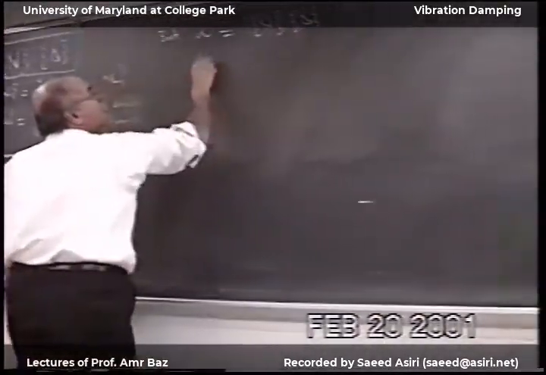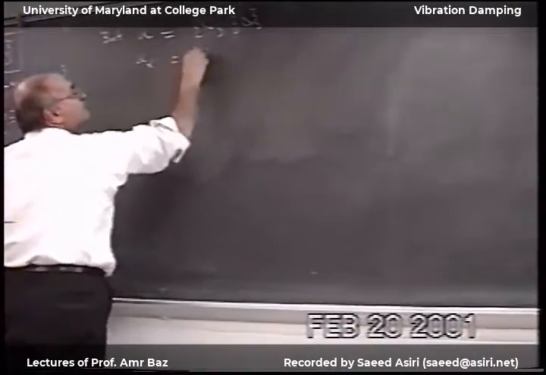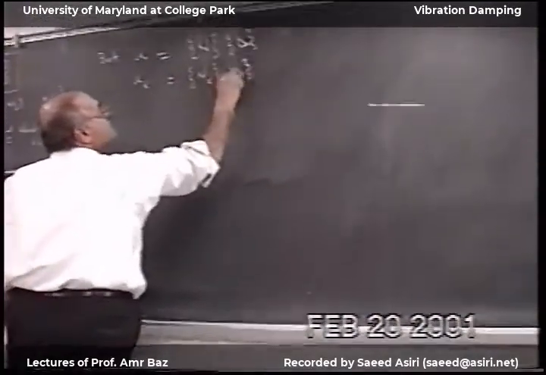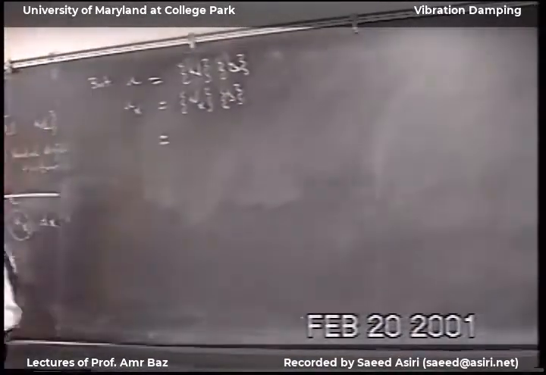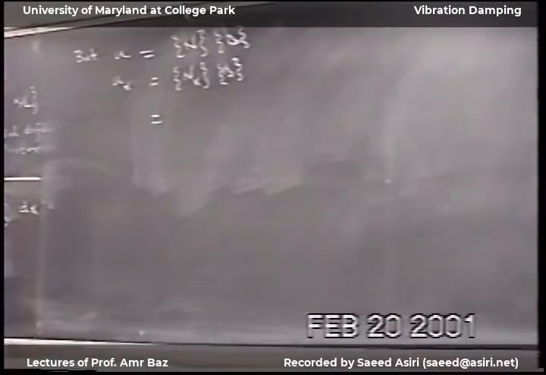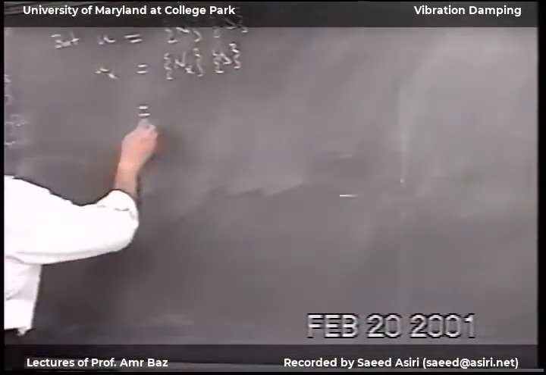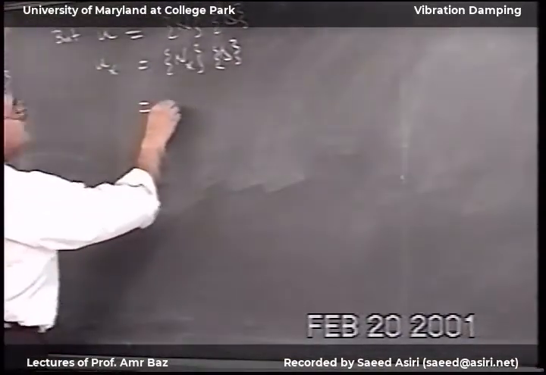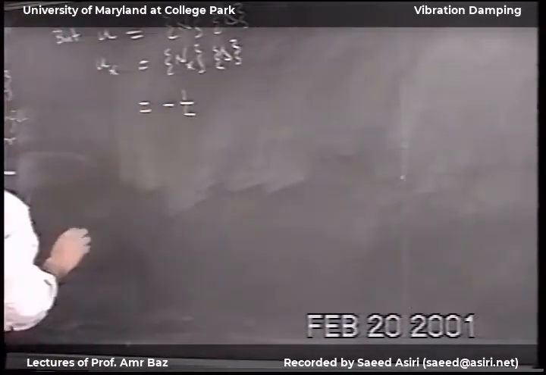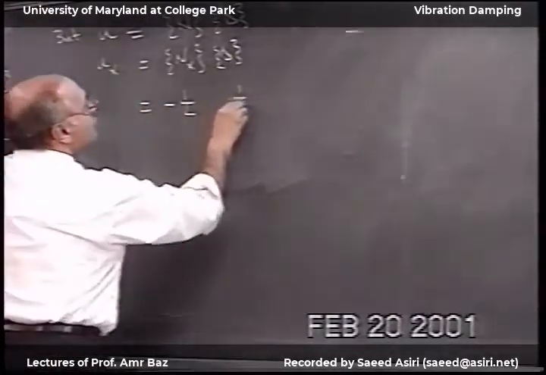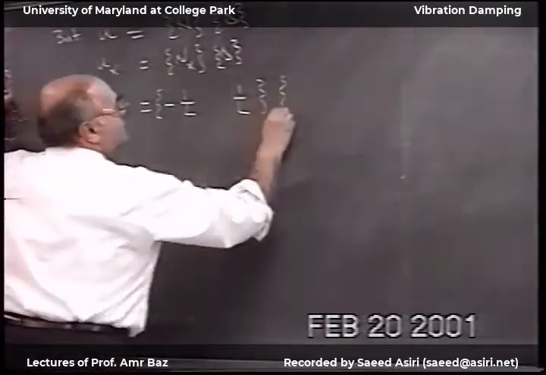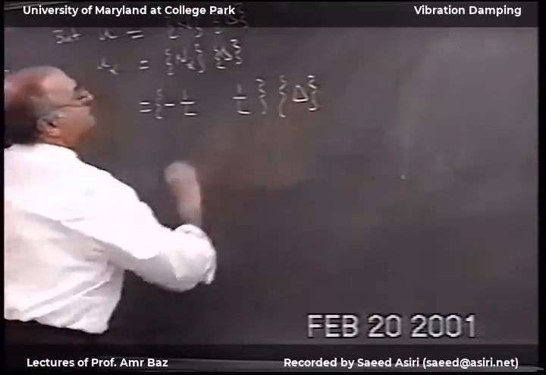Then u'(x) is equal to the partial derivative with respect to x of what we have. This will equal 0, I'm sorry. So this will be minus 1 over L, and the second term will be 1 over L, times the delta.